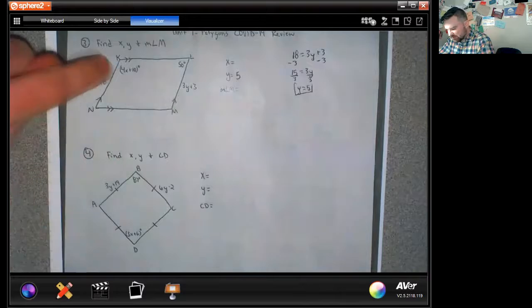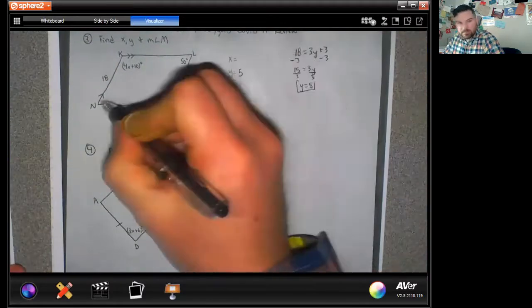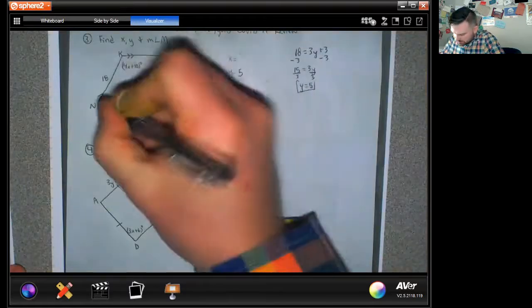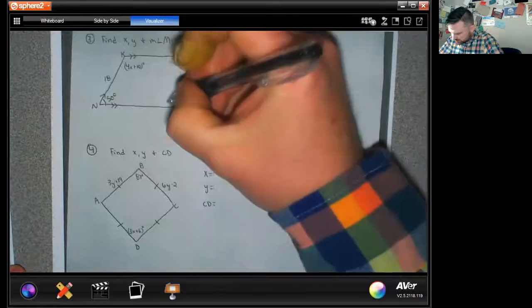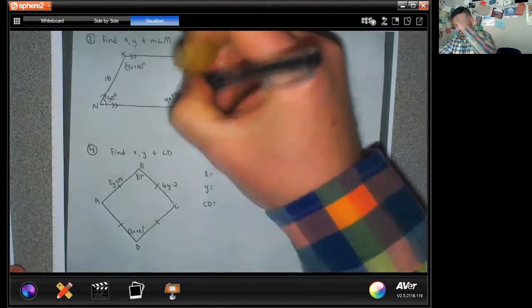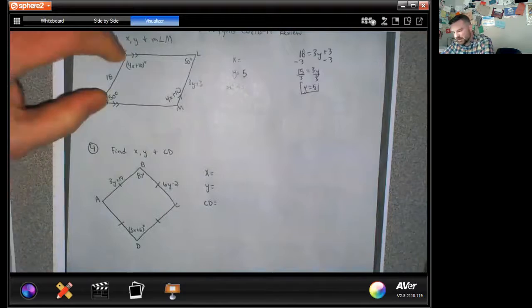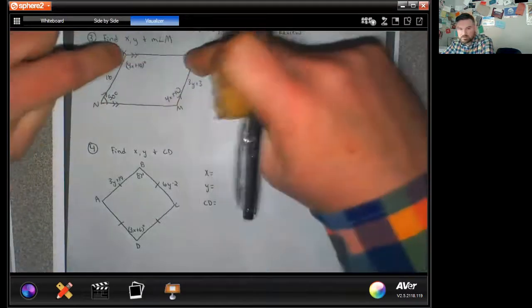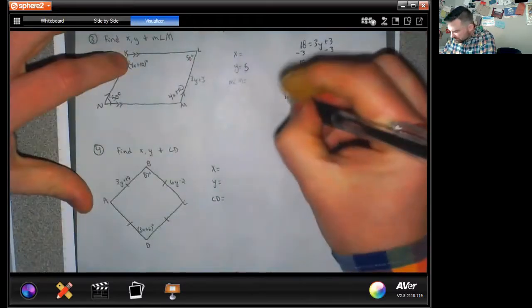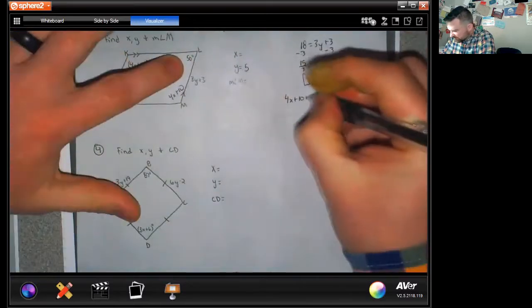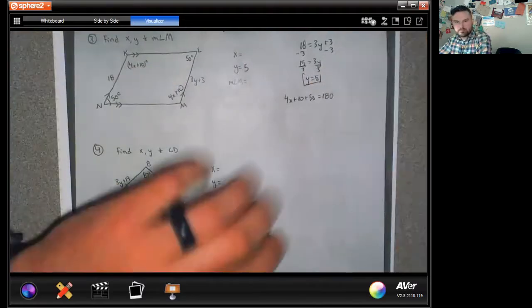Okay, x is an angle and this is an angle. Now opposite angles in a parallelogram are the same. So this angle down here is 50, and this angle down here is 4x plus 10. Now in a parallelogram, consecutive angles, no matter if I pick these two or these two, they will add up to 180. So we're going to take 4x plus 10 plus 50, and I will get 180 degrees.